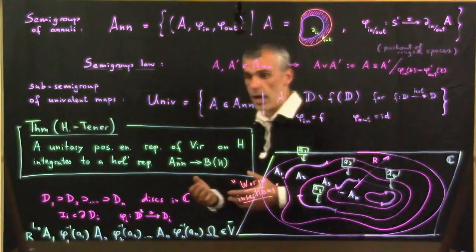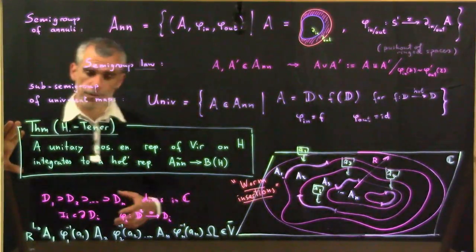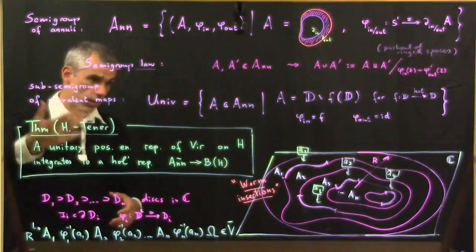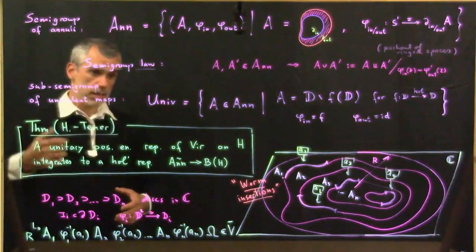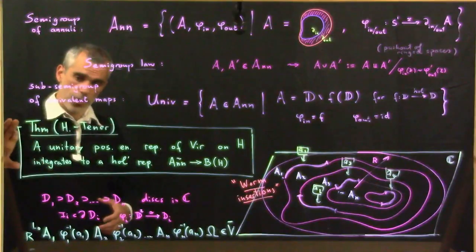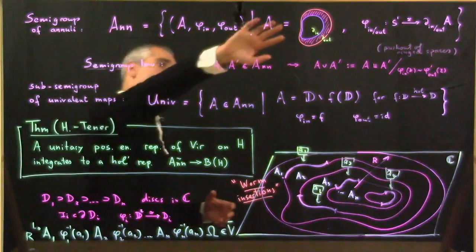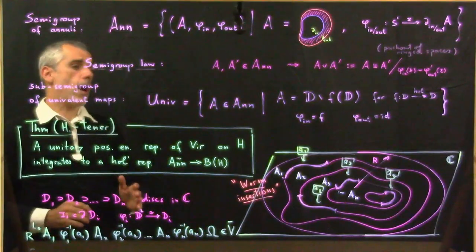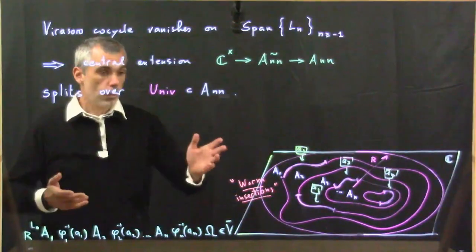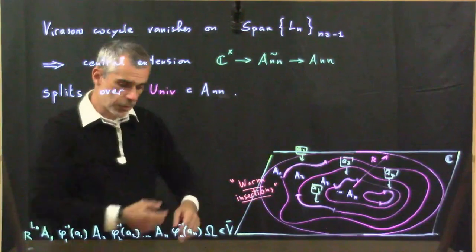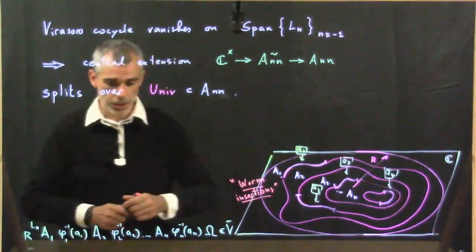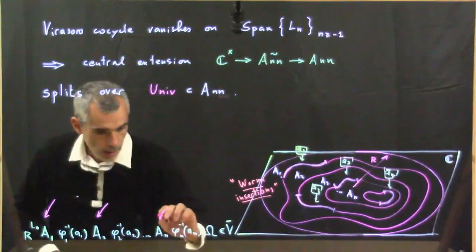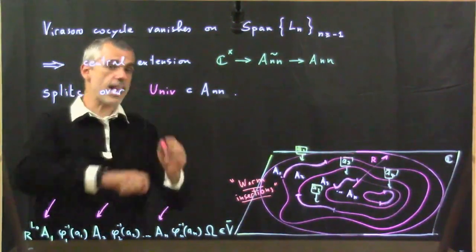And of course, slightly less refined versions of this result have appeared earlier by Segal and Neretin. The novelty here is allowing for these parts where the two boundaries touch each other. The relevance of this sub-semigroup is that by construction, these operators here are in fact in this sub-semigroup.